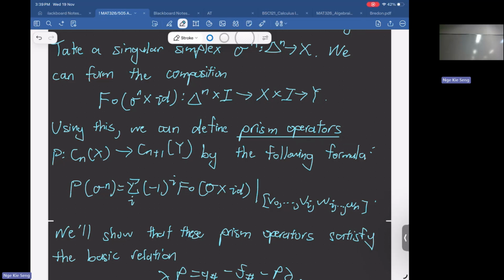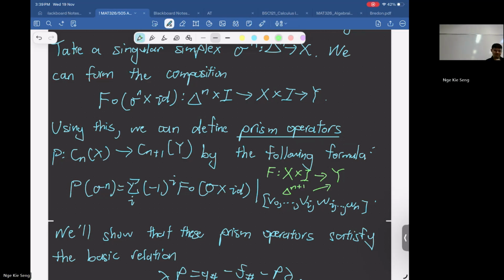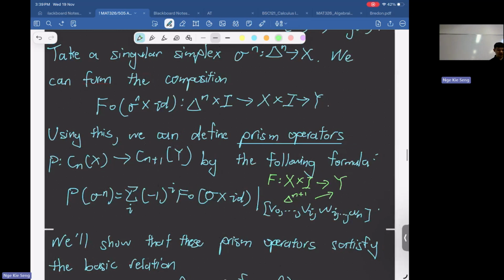So this F here, maybe I did not say it first. What's this F? This F is coming from X cross I to Y. So to make sure that this whole thing here is mapping into Y, so that it is a delta n+1 here going to Y. Okay, so this definition is very ad hoc.